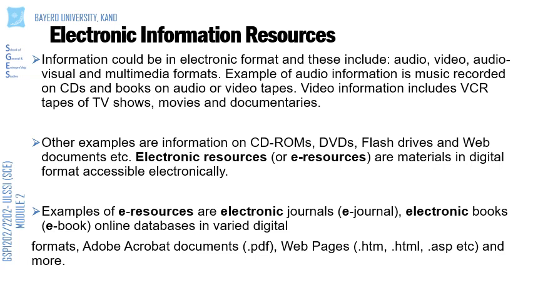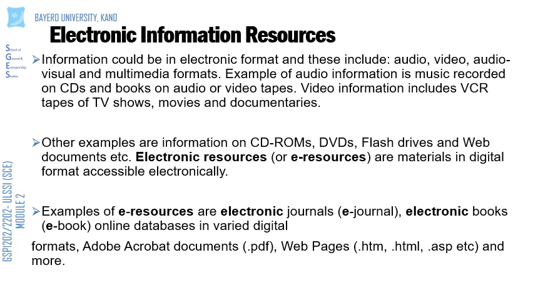Electronic resources, usually known as e-resources, are materials in digital formats and are only accessible electronically. You can access such information only when you have electronic gadgets to support them. Examples of e-resources are electronic journals, which appear online. We have electronic books, which are e-books.